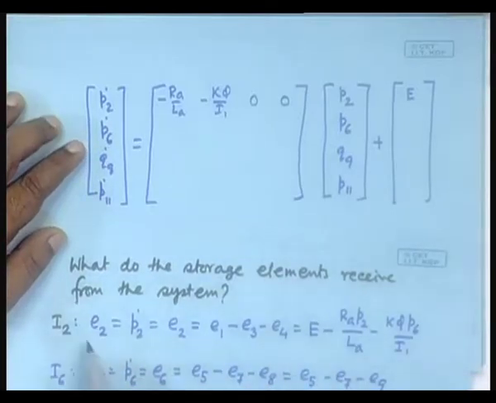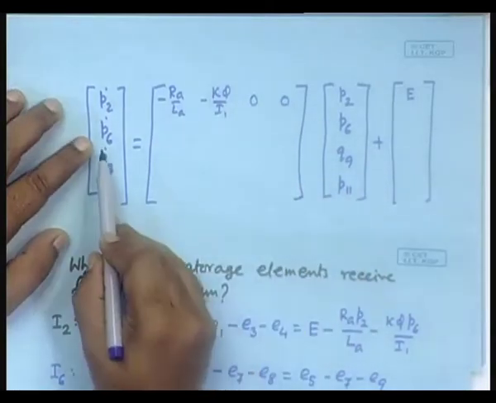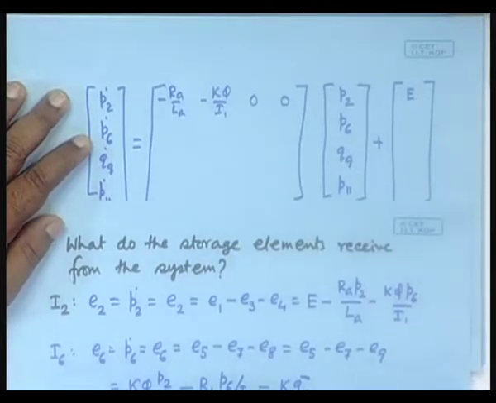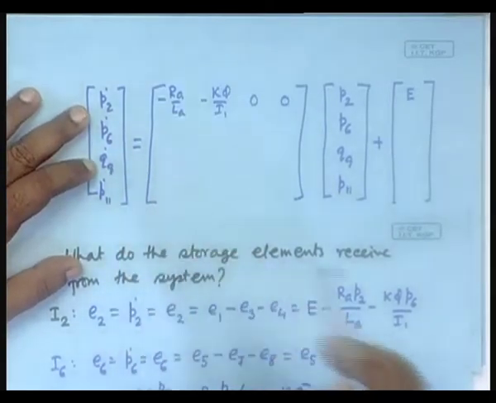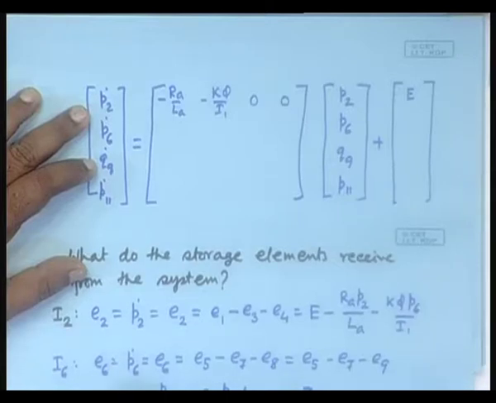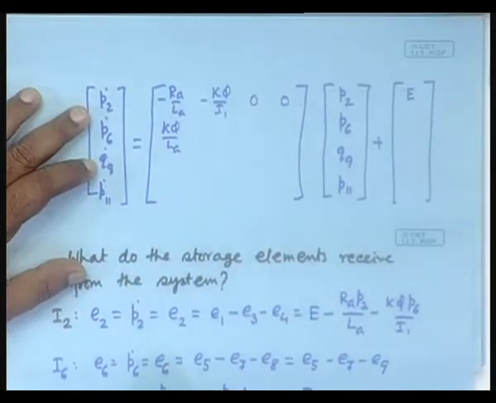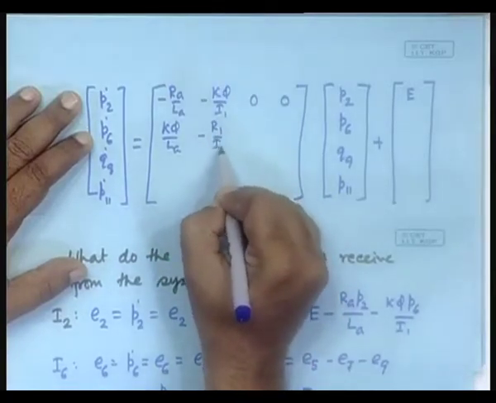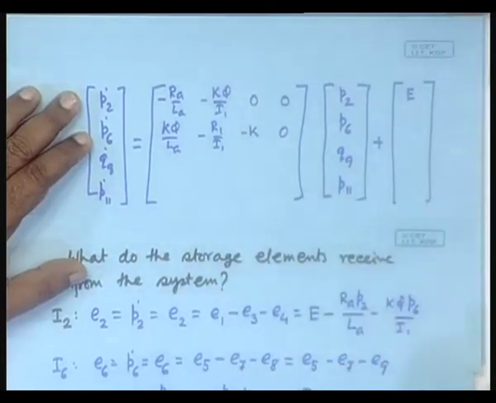Notice that on the right hand side you only have P 2 and P 6 and not the other two state variables. So, these two terms will be 0. Next one, P 6 dot, contains P 2, P 6 and Q 9, but not P 11. So, these 3 will be there and then you can write K phi by L A for the P 2 term, for the P 6 term minus R 1 by I 1, third one minus K, and so on and so forth.